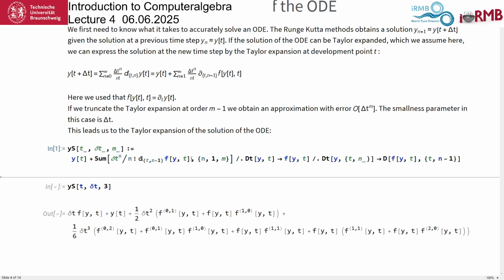So I go to a particular order with my Taylor expansion. It does not go to infinity, and I simply write this equation here. I said this delta t is my smallness parameter, and I go with my sum from n equals 1 to m. And what I'm going to do then is to take this derivative dt y of t and replace it with f of y and t, right?